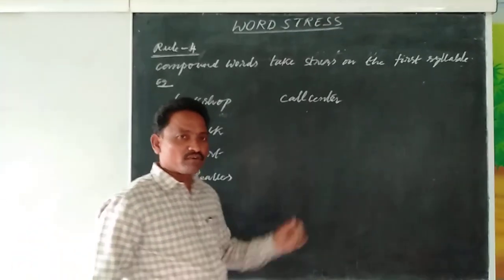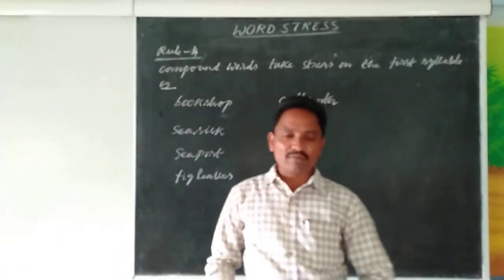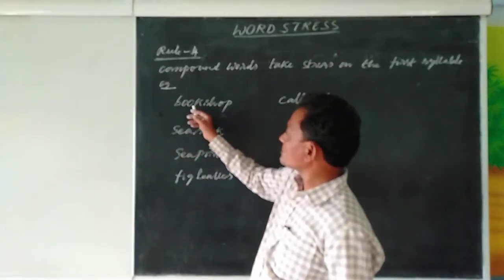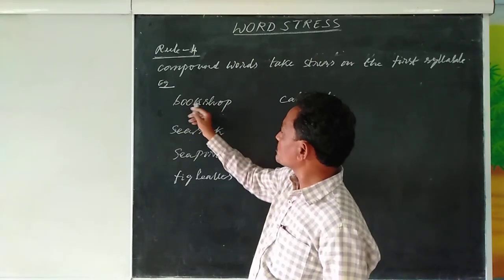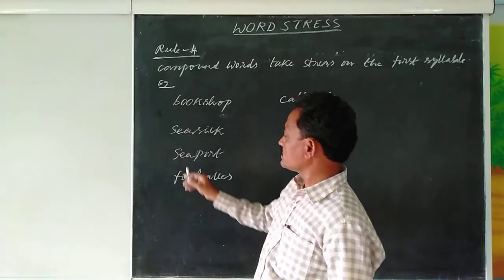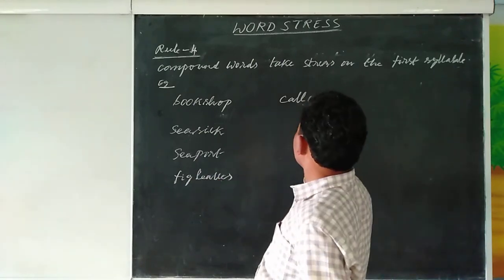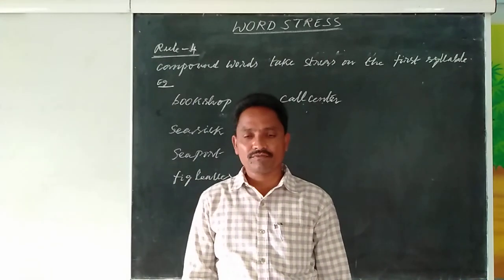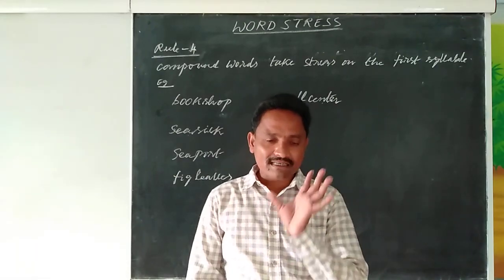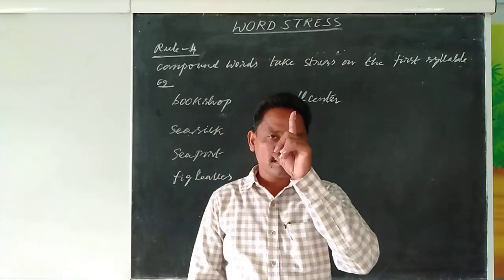I wrote five words. These are all compound words. In compound words, more than one syllable. Bookshop, 2 syllables, seasick, 2 syllables, seaport, 2 syllables, fig leaves, 2 syllables, call center, of course 3 syllables. So in this type of compound words, stress is on first syllable.